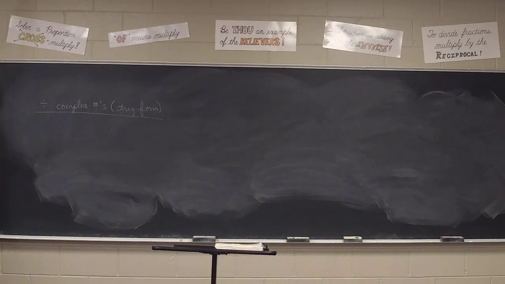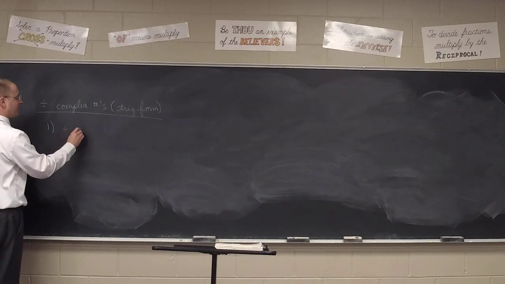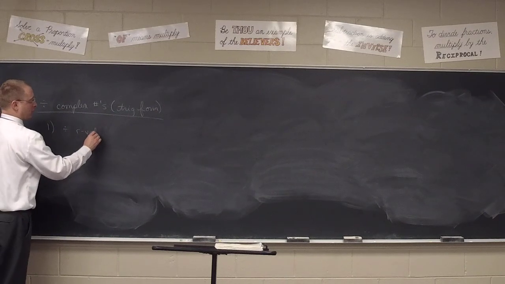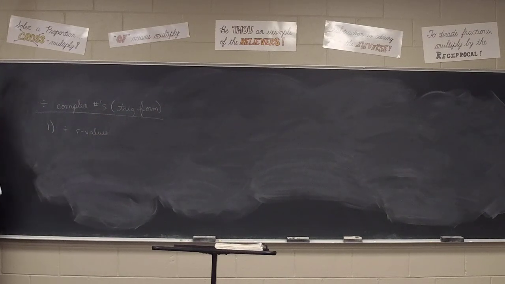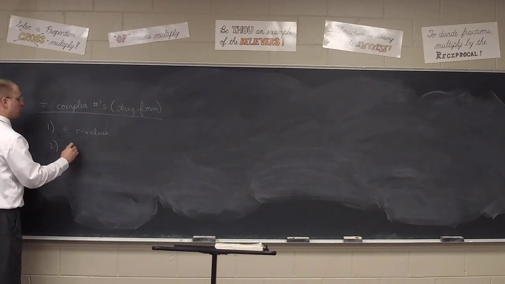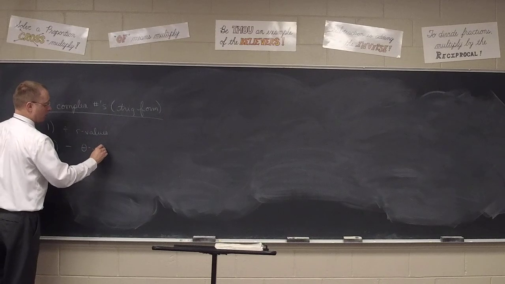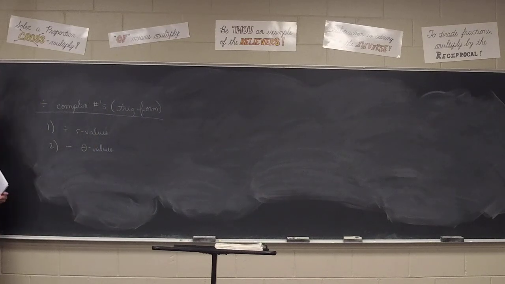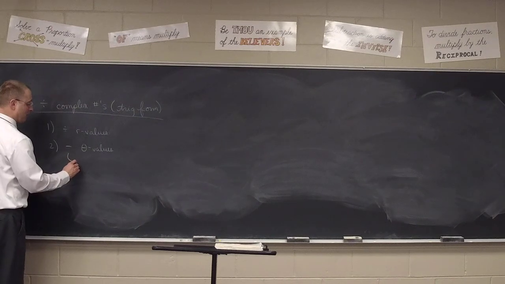Understandably, it's going to seem very similar in process to the multiplication. We divide the r values instead of multiply them. Well, that makes sense. And instead of adding the thetas, we'll subtract the theta values. Now, there is the inherent chance that when you subtract theta values, you could end up getting a negative angle.